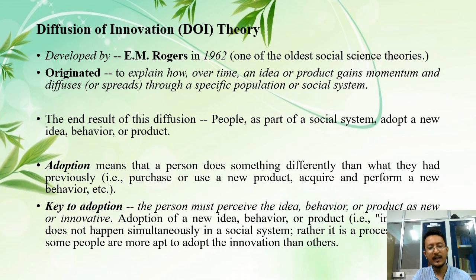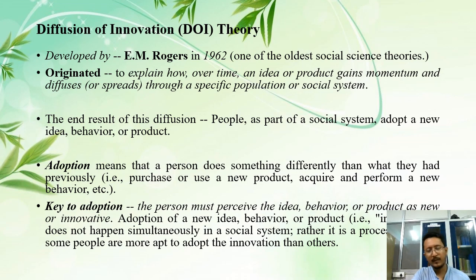So adopting a new idea, behavior, or product does not happen simultaneously in a social system. This is what this theory has to say. This adoption basically happens over time. This adoption is a cyclical process, right?